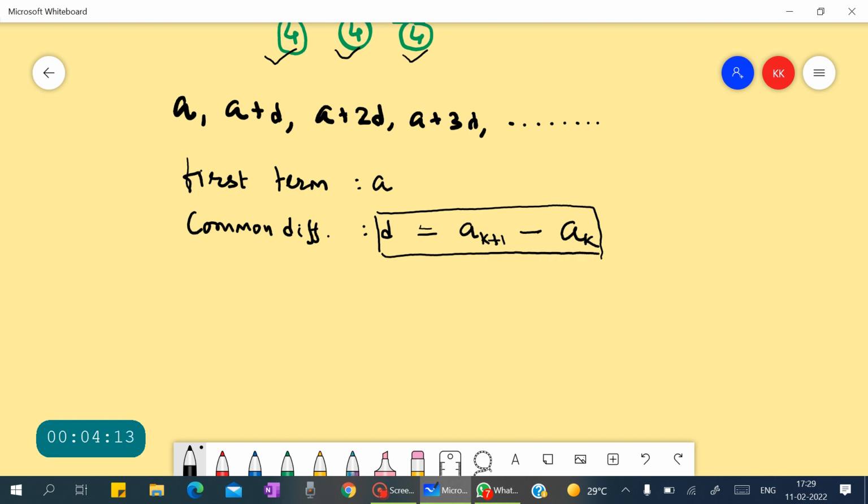Now, my dear students, we should understand whether the given sequence is an AP or not. Suppose I am picking up an example: 2, then 5 by 2, then 3, then 7 by 2.